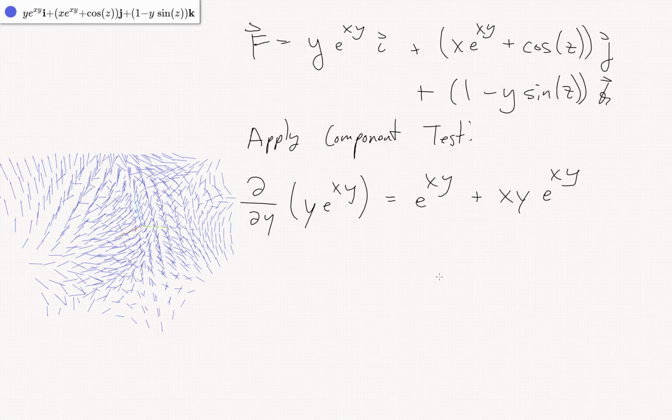And that needs to be equal to del by del x of x e to the xy plus cos z. Well, the del by del x of cos z is 0, and then this will be e to the xy plus x y. Okay, so these are equal.